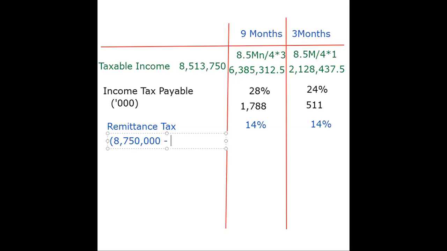Then we are going to remove the dividend part, 157,500. Is this dividend going to be exempt from the beginning or as a proposal?